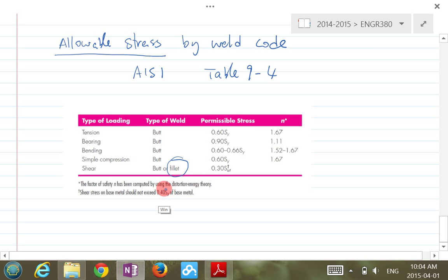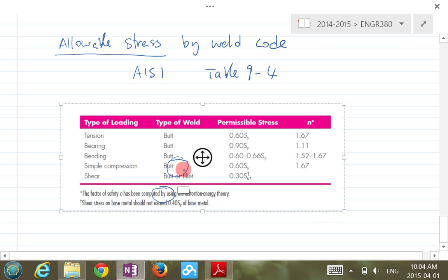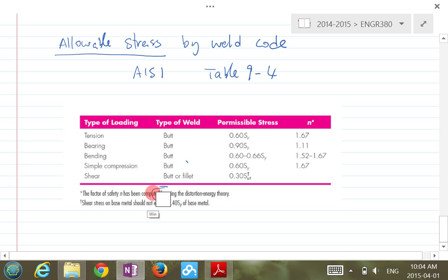And one more is this quantity. The bottom here says shear stress on the base metal should not exceed 0.4 SY. And here for this fillet it is 0.3 SUT. So this original 9-4 is the table for electrode only.